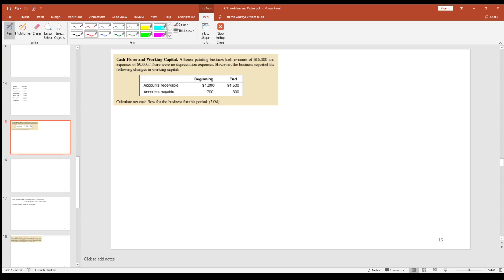Well, first calculate revenue minus expenses, which equals 16,000 minus 9,000, and this equals 7,000. Now calculate change in net working capital.